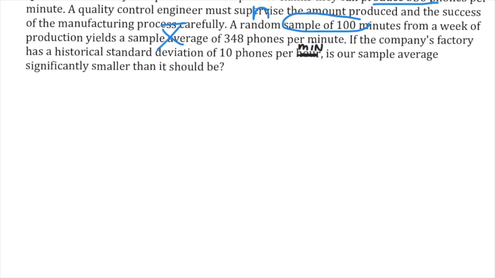So we're below where we should be, but only by a couple phones per minute. The question basically revolves around answering, should we be concerned about the fact that we are 2 phones per minute below where we should be?